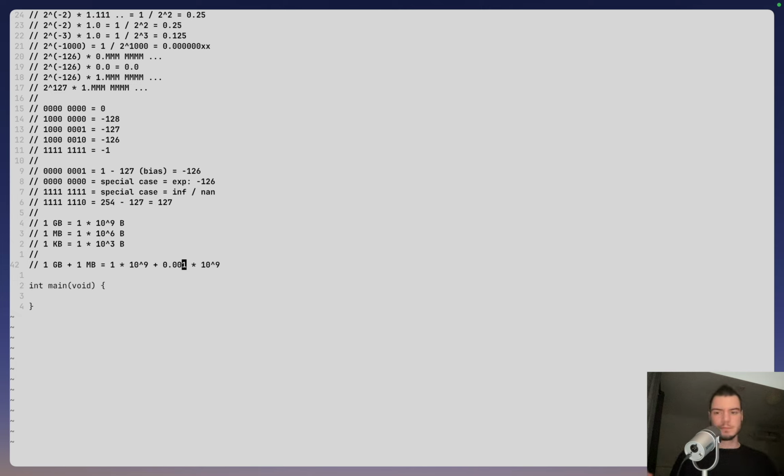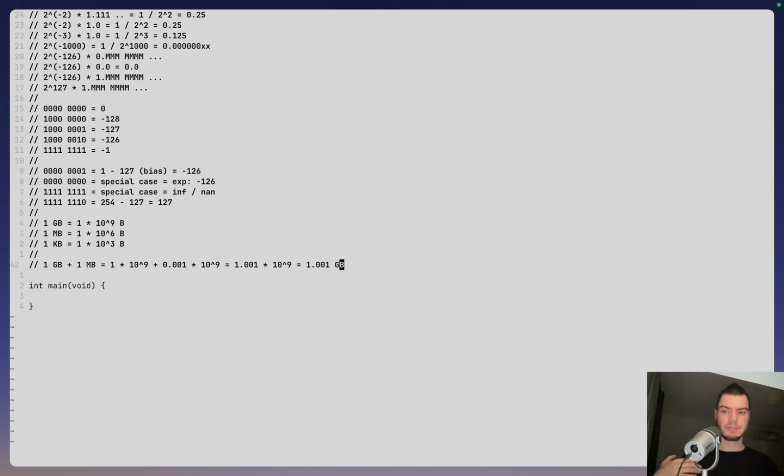And that's probably what you would have done in your head. 1 gigabyte plus 1 megabyte, you get the megabyte converted to gigabytes, and then you can add those two numbers together. So you would have 1.001 times 10 to the power of 9, so that many gigabytes. And you could also go the other way.